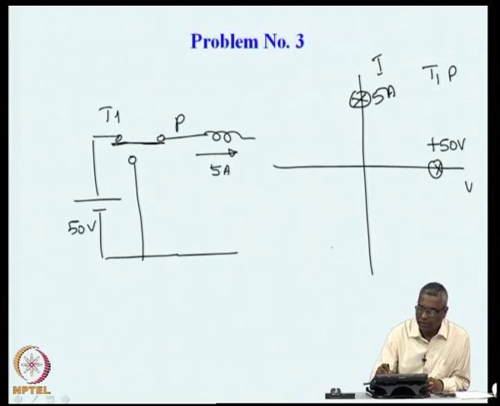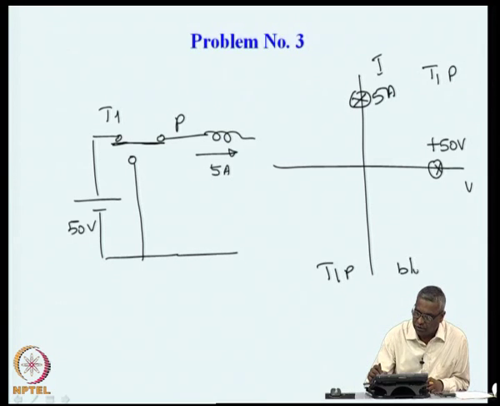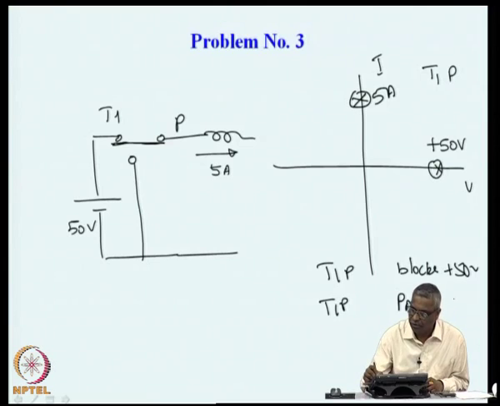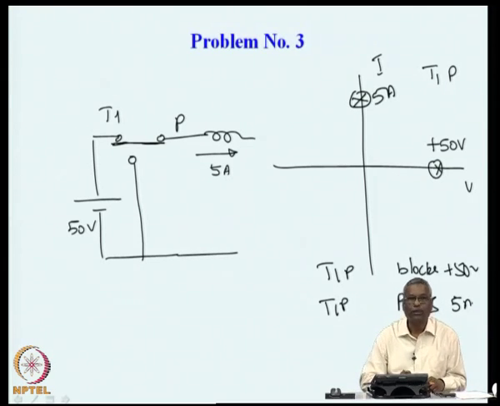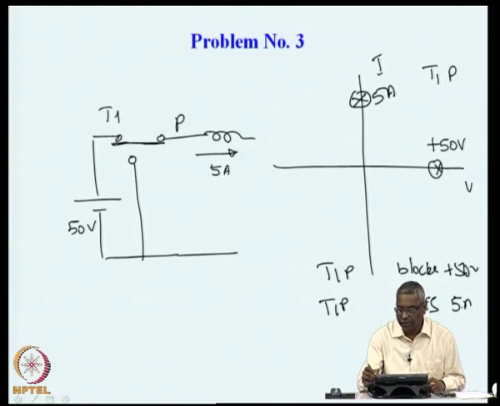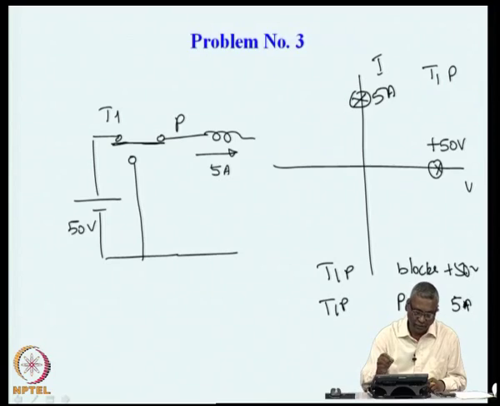So, the switch T1P blocks plus 50 volts and T1P passes 5 amperes. The switch is passing positive current and it is blocking positive voltage.